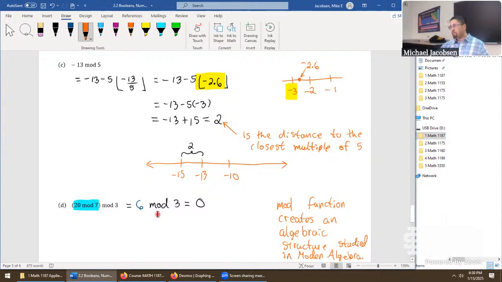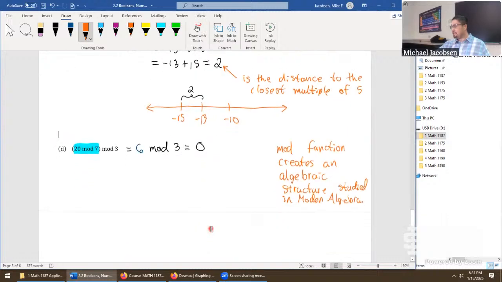So this is an innocuous looking little function, but it has a lot of interesting, very deep connections to abstract algebra, as well as computer science. Kind of a simple idea, the remainder after division, or the closest distance to a multiple of 5.